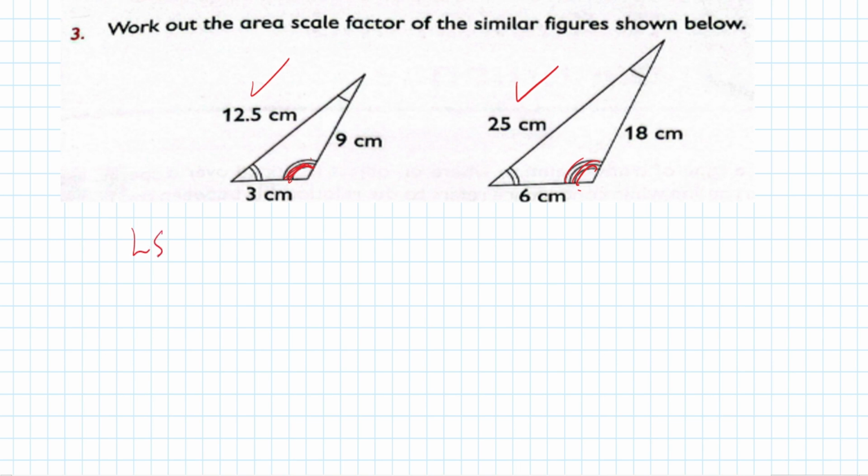So let's search for the linear scale factor first before finding the area scale factor. So linear scale factor is that 25 over 12.5, which will give you 2. So a linear scale factor is 2.